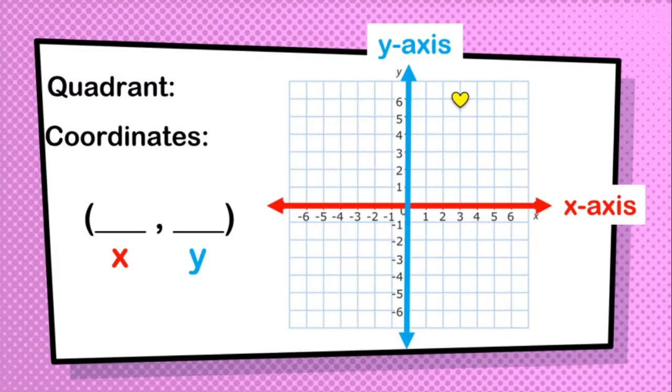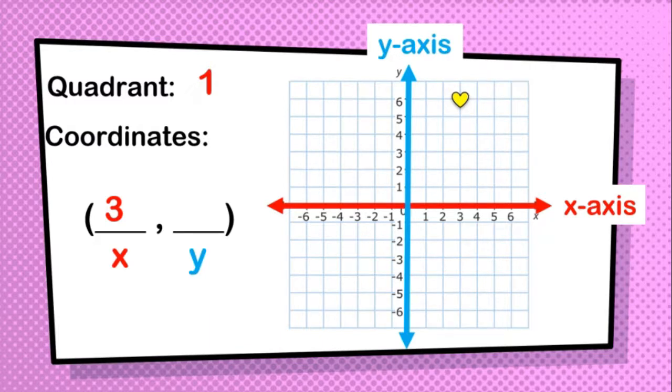We have quadrant 1. What about its coordinates? What is the abscissa or x-coordinate? From the origin, count how far the point is from the y-axis. So we have 3. Since we are going to the right of the y-axis, the integer is positive.